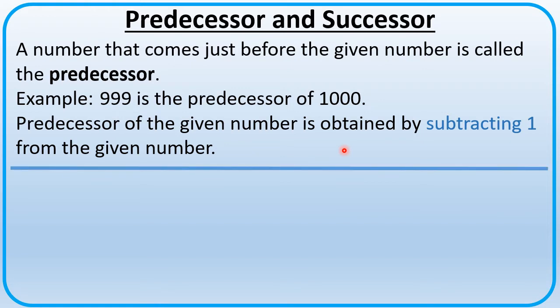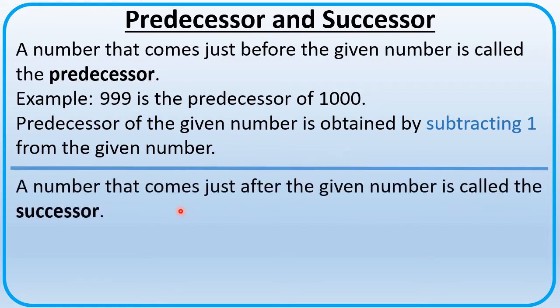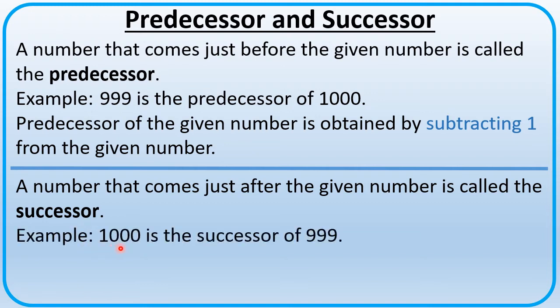Now let us understand the meaning of successor. A number that comes just after the given number is called the successor. Example, 1000 is the successor of 999. That is, 1000 comes just after 999.